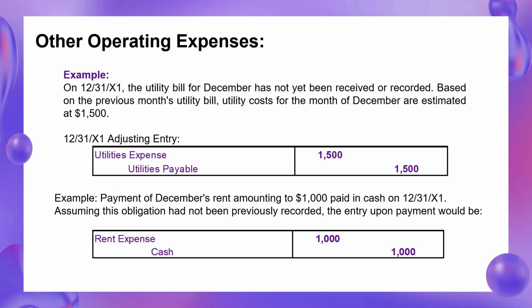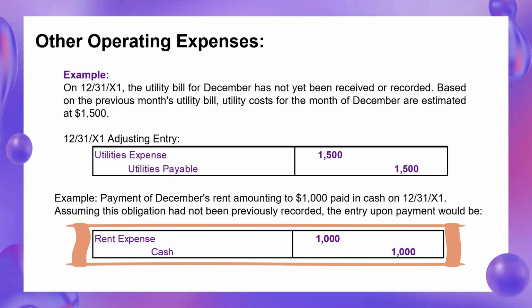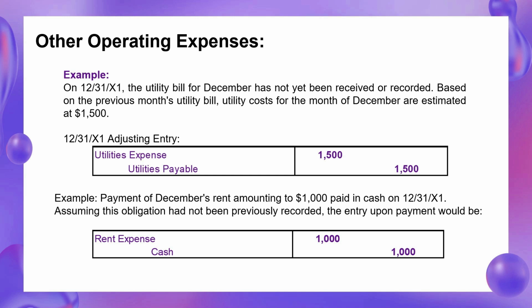Assuming this obligation had not been previously recorded, we haven't recorded anywhere previously that we owe this $1,000 of rent in December. If we get this bill and we pay it in December, we're going to simply credit cash and debit rent expense. And this is simple. We've been making these entries for some time now.